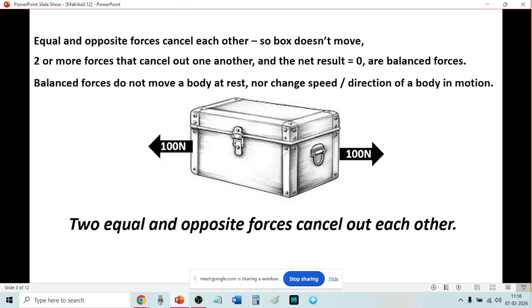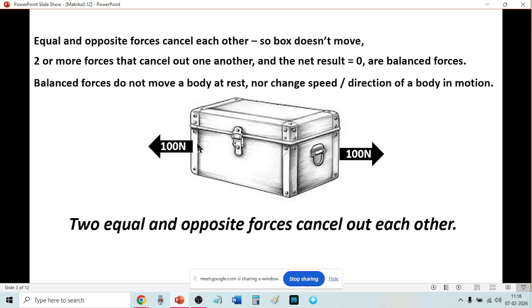Now, what will happen if there are two equal and opposite forces? Like this box, this side 100 newtons, the opposite side 100 newtons, equal and opposite forces. If there are equal and opposite forces, they cancel out each other, the total effect is 0. 100 newtons acting towards the left and 100 newtons acting towards the right.